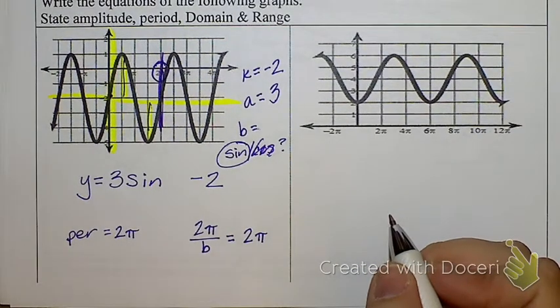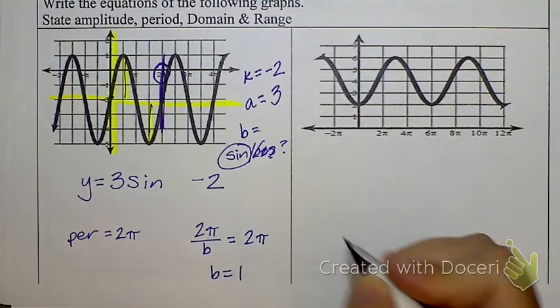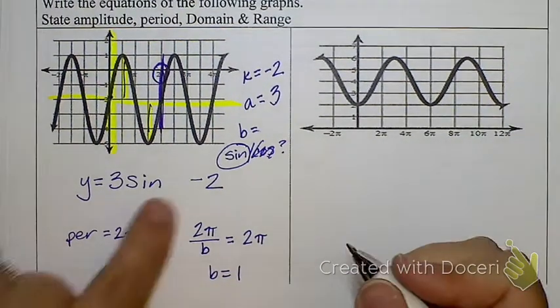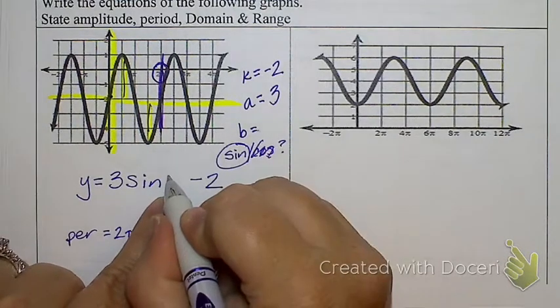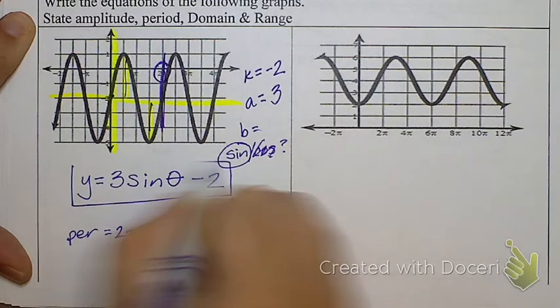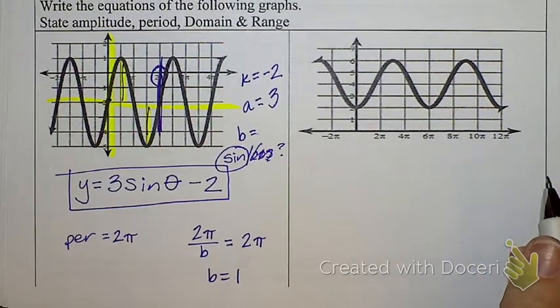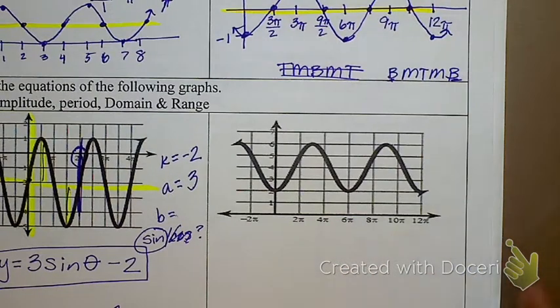What does b equal then in this case? B has to equal 1. So right here, I put 1 theta, which just looks like that. And that's my equation. Okay? All right.